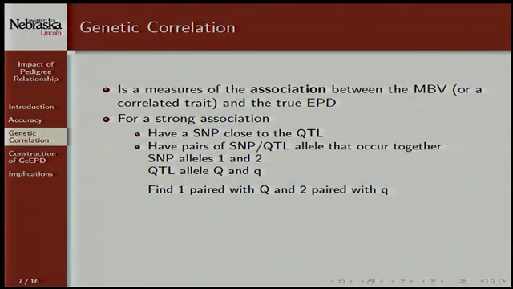Okay? Now, when we're taking a look at genetic correlation, what we have is a measure of the association between the MBV, or that correlated trait, and the true EPD. Now, several things need to happen for it to have a strong association.